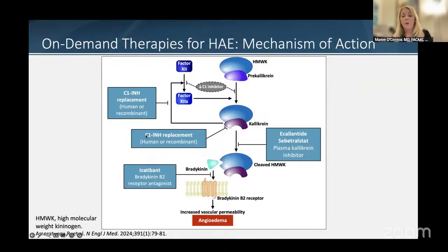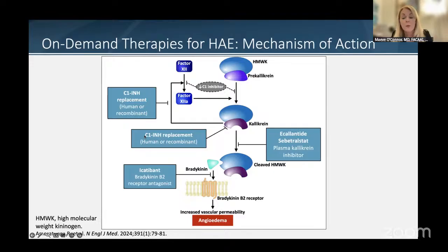So, on-demand therapies for hereditary angioedema. Again, acute HAE attacks require prompt on-demand treatment to reduce morbidity and the risk of asphyxiation and a bad outcome. So when we look at this cartoon, we can see the available on-demand treatments target different points in the bradykinin pathway.